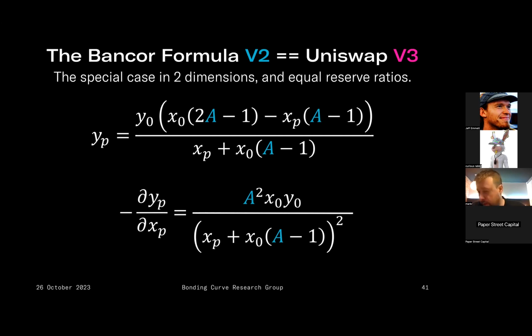I want you to note here that in general, there's this implicit convention in DeFi that we always report the gradient as positive. This means that whenever you take the first derivative of one of these curves, you have to move the negative sign to the other side.